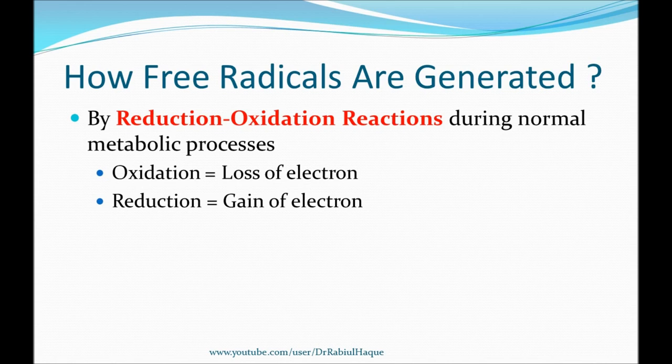So, during normal metabolic process, cells of our body generate ATP, and ATP is generated by oxidative process, and during those oxidative processes, oxygen combines with hydrogen atoms and also produces water.